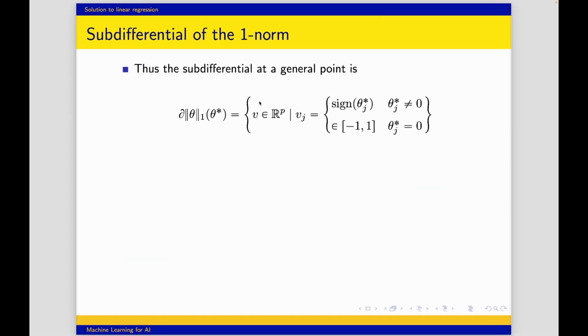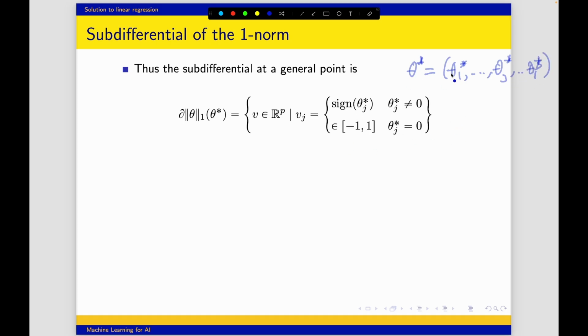So the subdifferential at a general point will then look like this. Let me explain this. Now we're picking a general point, theta star equals theta 1 star, let's say the jth one is theta j star, up to theta p star.